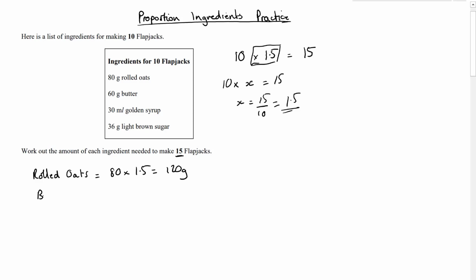Then butter, we have 60 times 1.5, which is going to give 90 grams of butter.